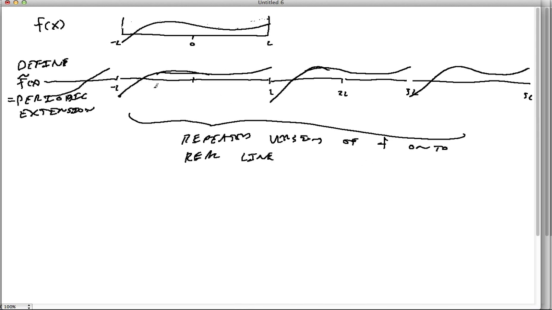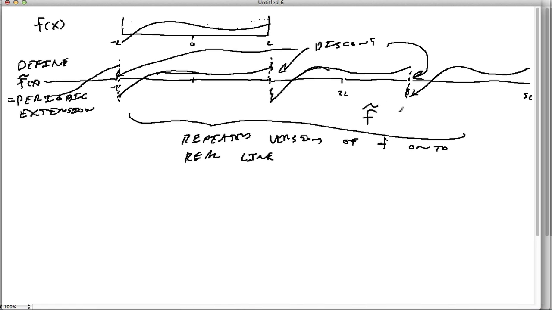Notice how when we do so, if the function values are different at either end of the interval, it creates a discontinuity at every point where the intervals join. All right, so again, we call this function f tilde, and I call it a periodic extension because if I have a value at a particular x, and I add 2L to it, the value of f is the same.